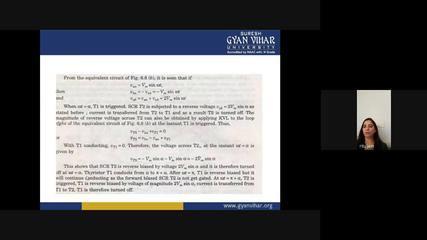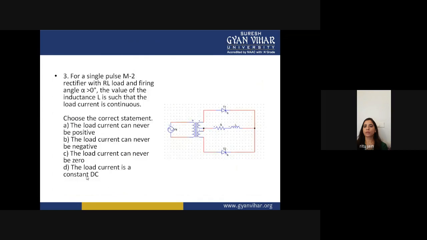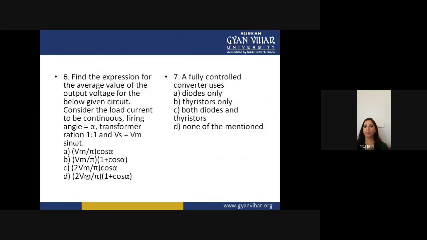It is not given here, but I am telling you that when you solve this equation for the midpoint converter, you will get 2 Vm upon pi cos alpha.